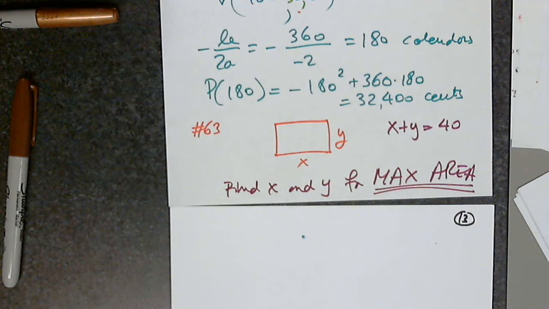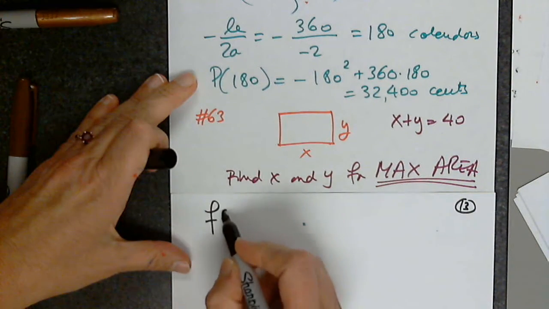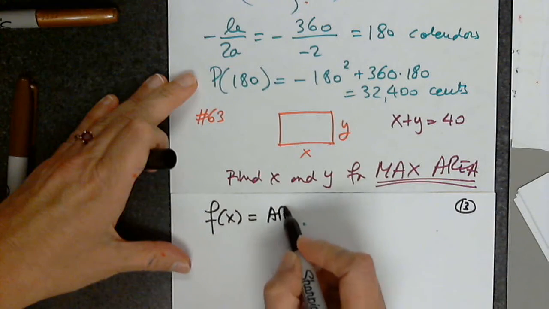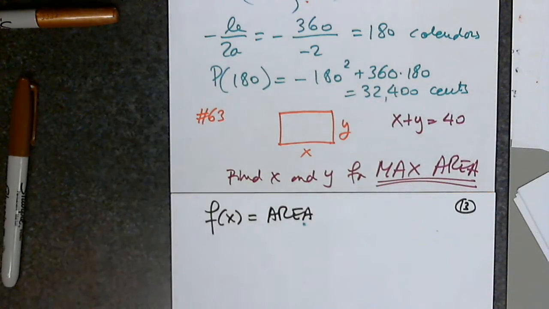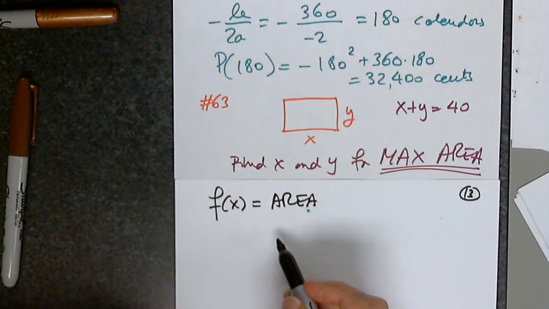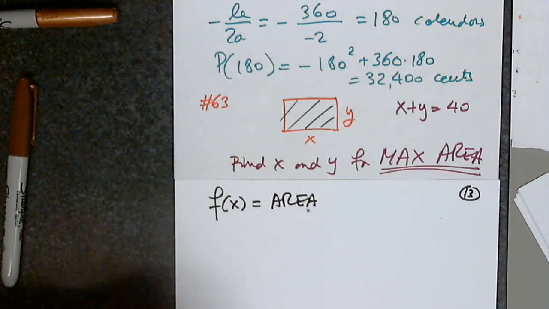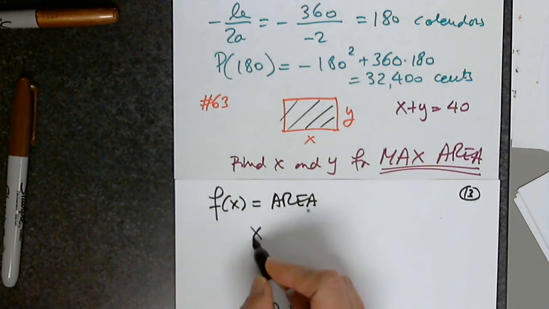Max area, indeed, so the area. So now I'm going to create a function, f of x, that represents the area. What is the area? How do I express the area of this rectangle? That's my first step.